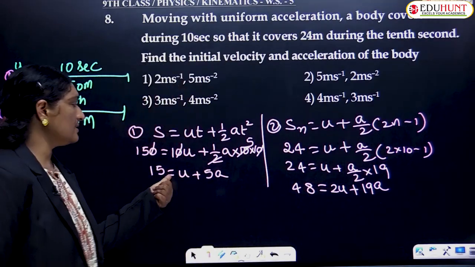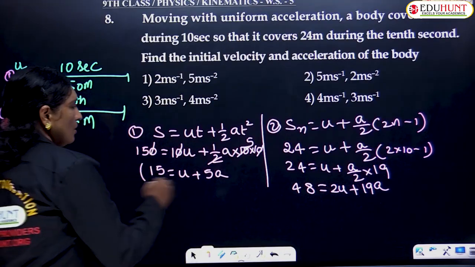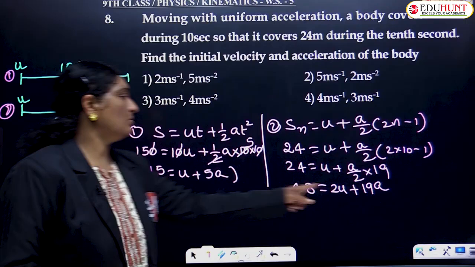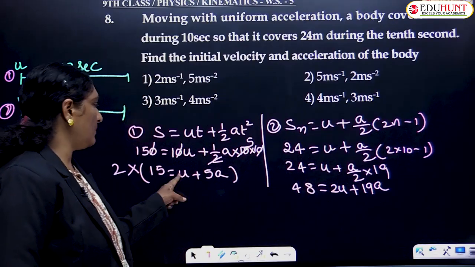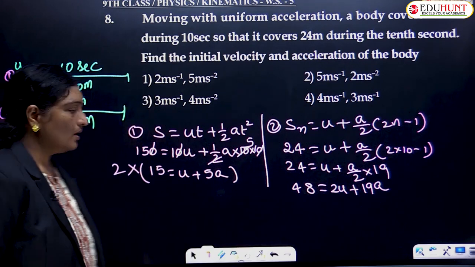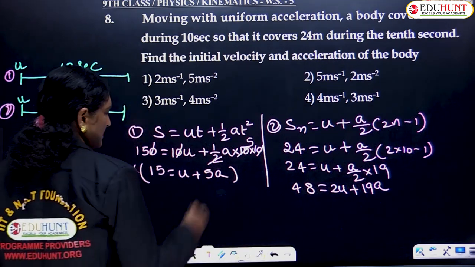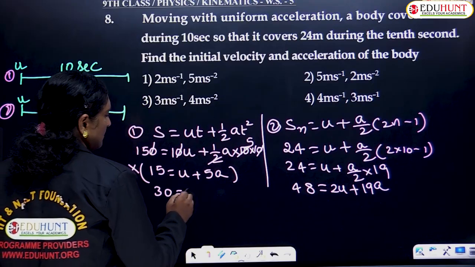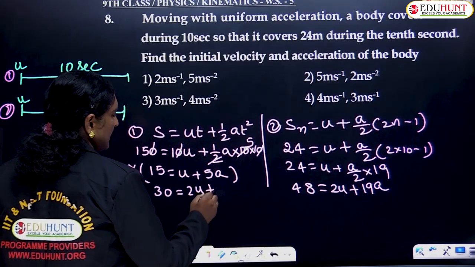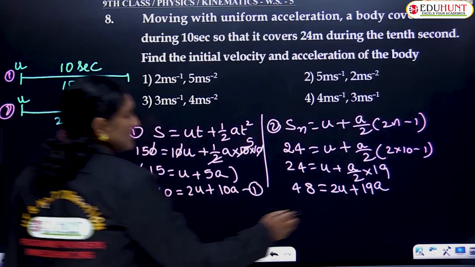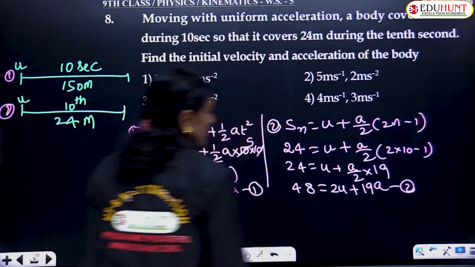So multiplying this equation with 2, we can make the value of u common. Here if you multiply by 2, you'll get 2u, here also 2u. So let us try multiplying this equation with 2. Hence the equation will be 30 equals 2u plus 10a. Let this be equation 1 and let this be equation 2.